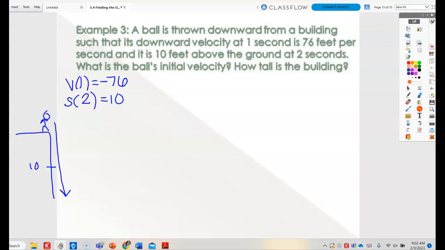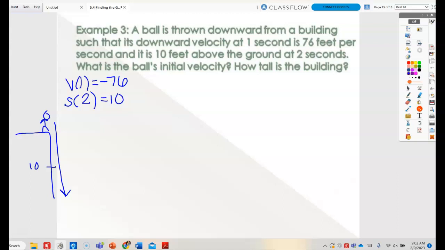So our velocity and stuff is all in terms of feet per second. So in the world of physics and mathematics, if you're in meters per second, gravity is negative 9.8. If you're in feet per second, gravity is negative 32.